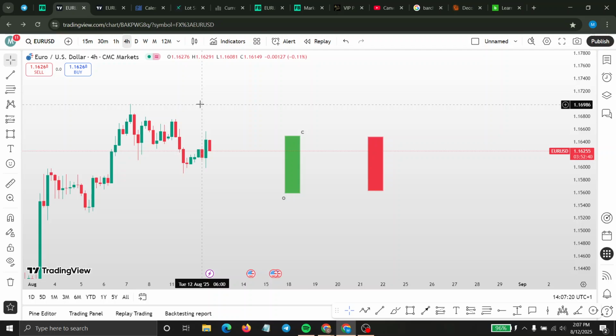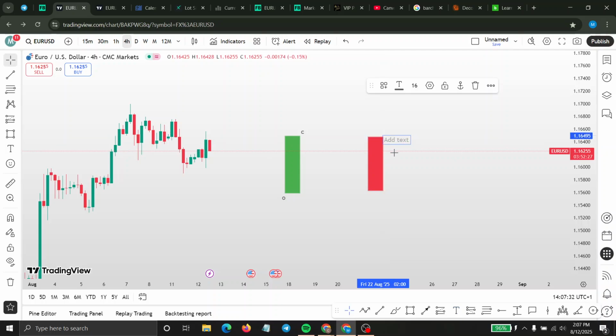So the bearish candle obviously opens here and closes here. Opens here and it closes here.